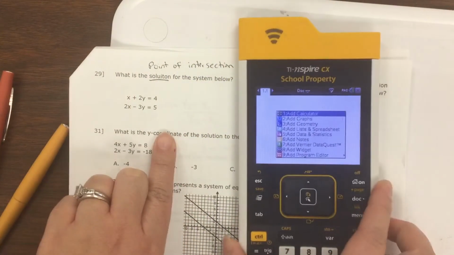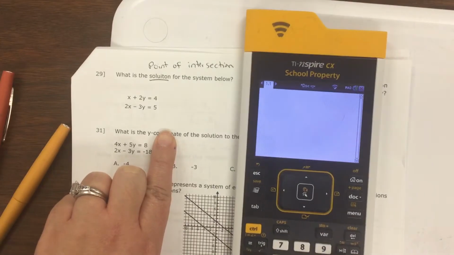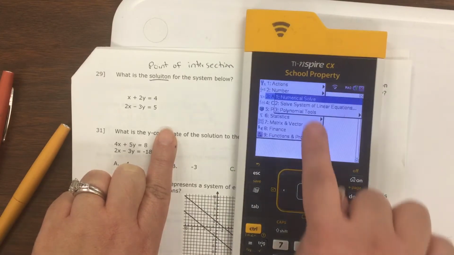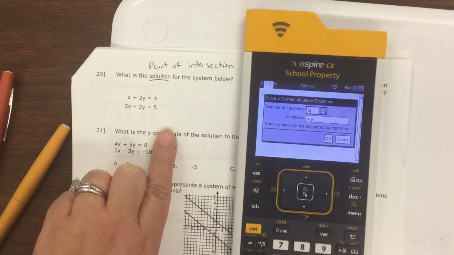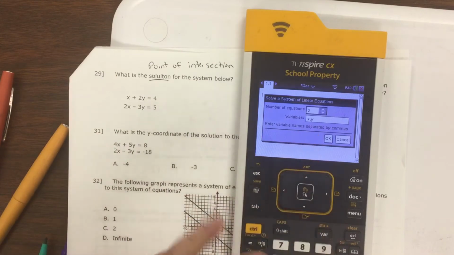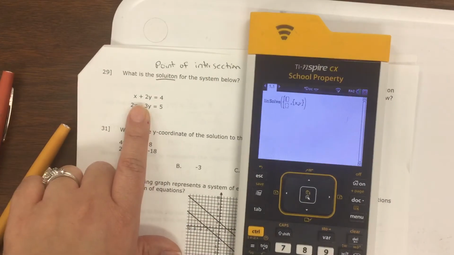So just reminding you, if we go to our calculation screen, it's going to be menu, algebra is option 3, and then we're going to go to solve systems, which is option 2. I have 2 equations and I'm using the variables x and y, so I'm going to leave that alone. In the first box, I'm typing in my first equation.